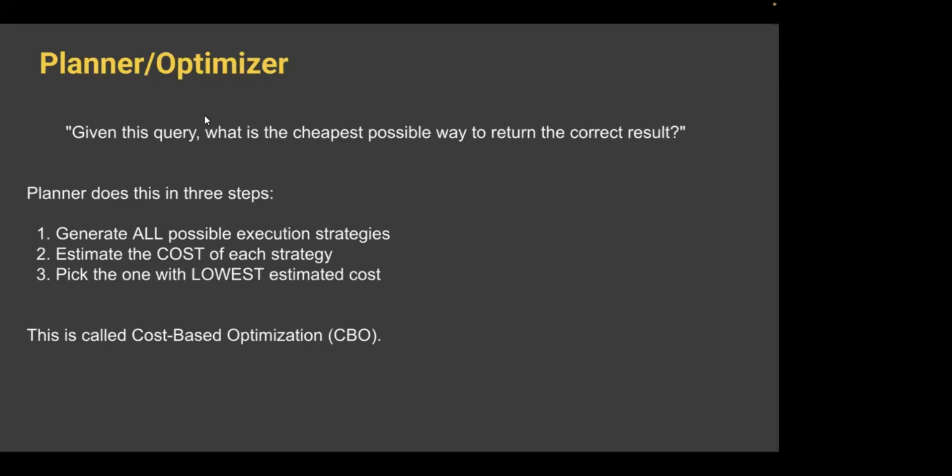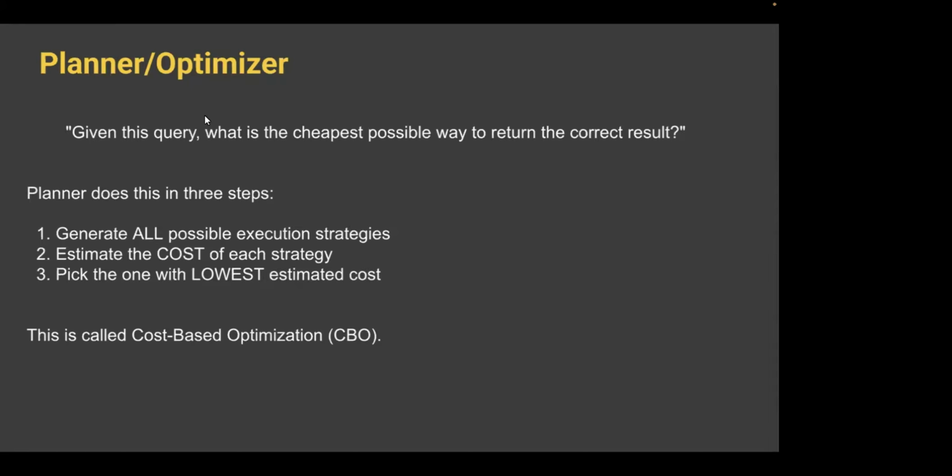And once it has all the strategies, it will estimate the cost of each strategy. And I want to emphasize the word estimate here because the planner cannot run the query. It works entirely on statistics. It will just give you an estimate of how cheap this query is.